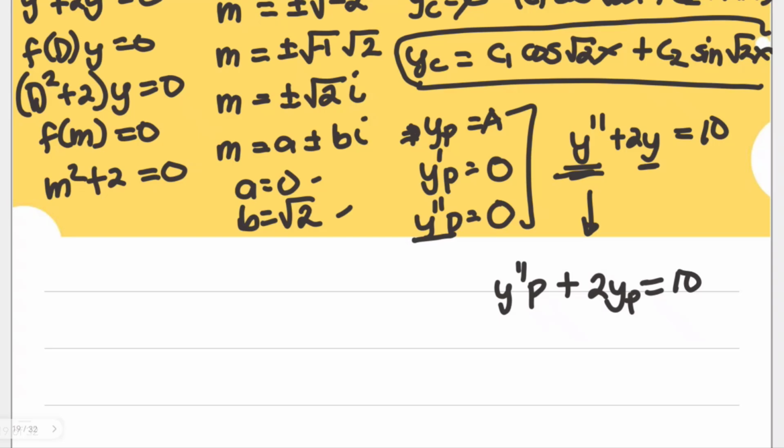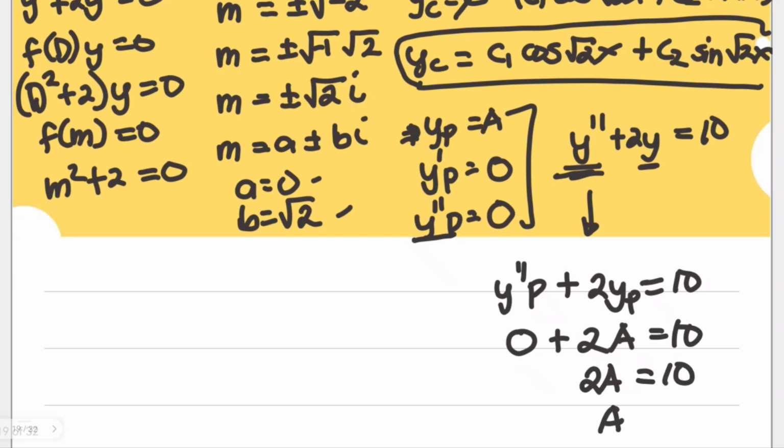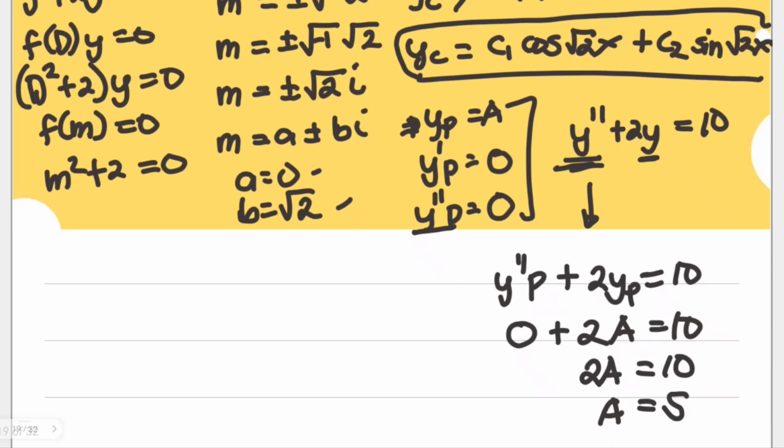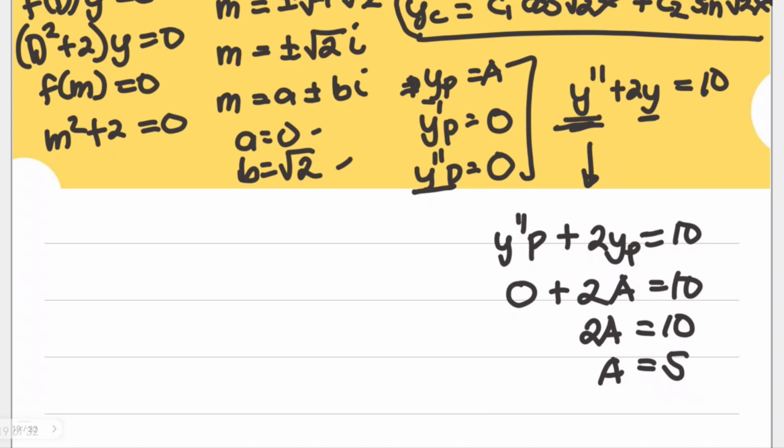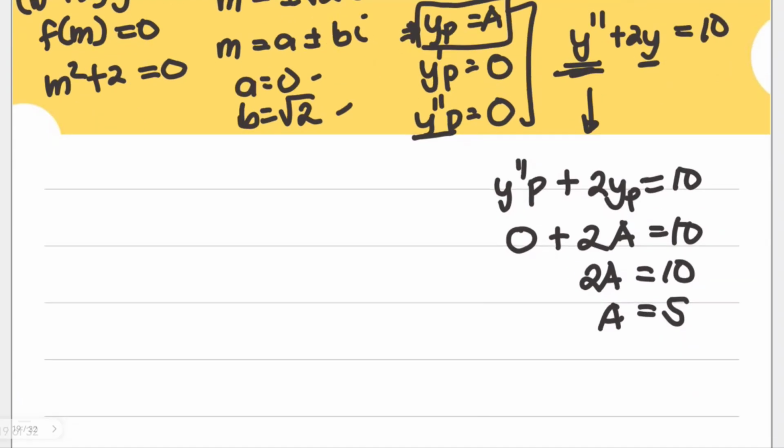Then we substitute the values. That's 0 plus 2 times y sub p, where A is the y sub p. Hence, 2A is equal to 10, and A is actually equal to 5. And what is A? This is actually our y sub p presented here. Hence, y sub p is just equal to 5 as well.